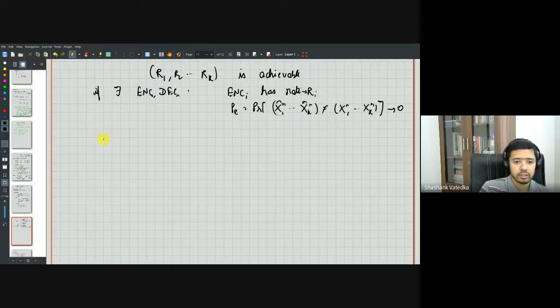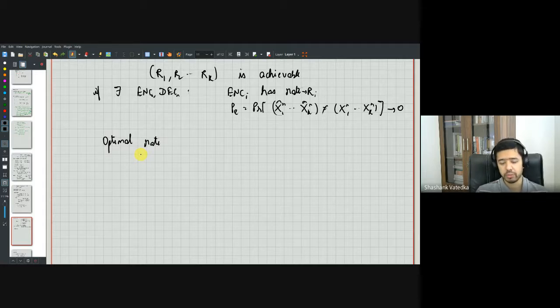In fact, the optimal rate region for this particular problem, for the general K user problem, is well understood, and the proof is essentially identical to what we did for the 2-user case. It is just that you need to use the conditional typicality lemma and the joint typicality lemma a little more carefully.